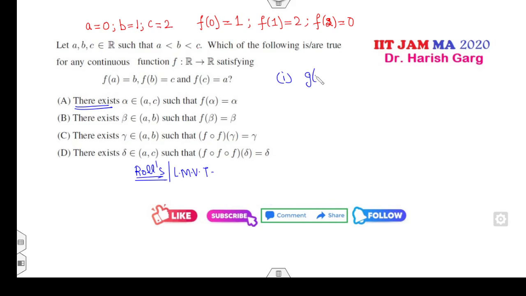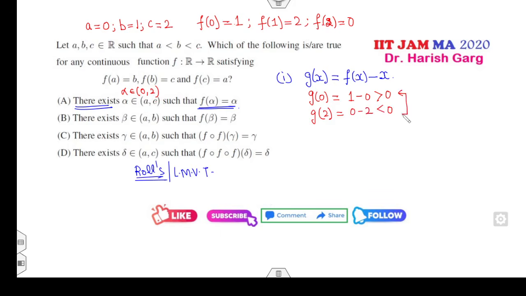Fine. So you can always define the functions based on the requirement. I call it f of x minus x. Alpha belongs to A and C. So first of all, what is g of 0? f of 0 is 1 minus 0, which is a positive number. g of 2, because C is 2. f of 2 is 0 minus 2, that is less than 0.